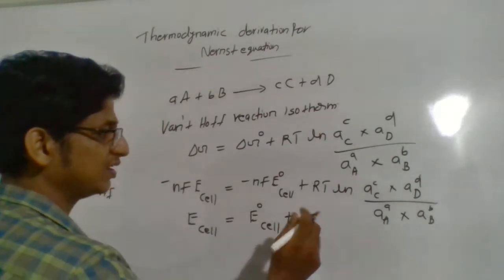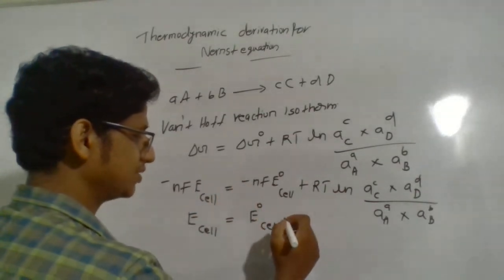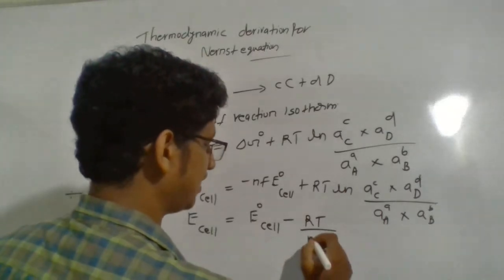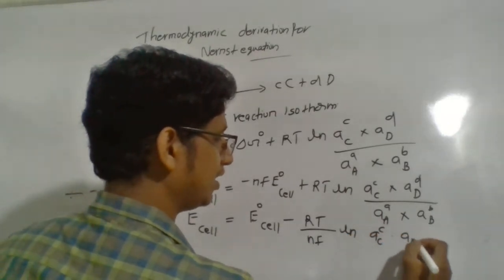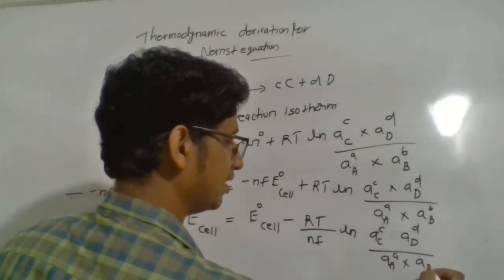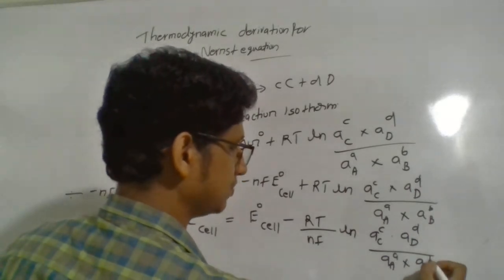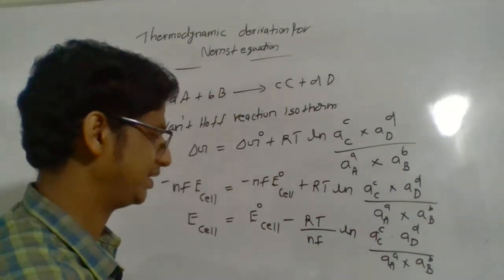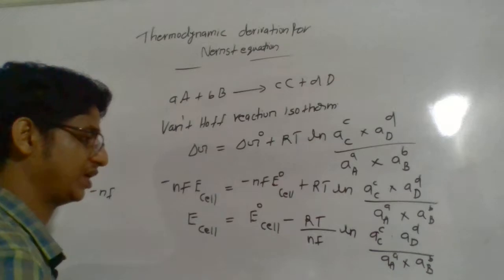E cell is equal to E0 cell minus RT by nF ln, because it is divided by minus nF, so the minus signs cancel. Here it has to be b. So now we have this equation: E cell is equal to E0 cell minus RT by nF ln a_C raised to c into a_D raised to d divided by a_A raised to a into a_B raised to b.